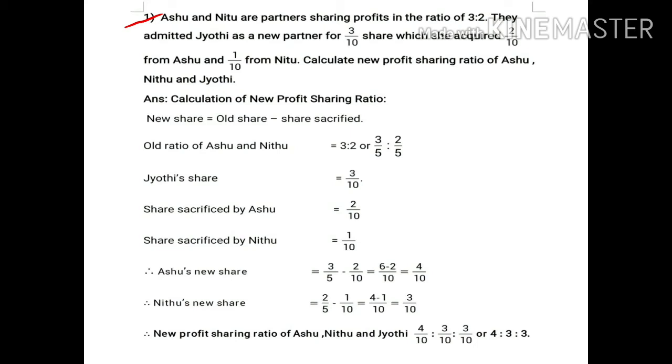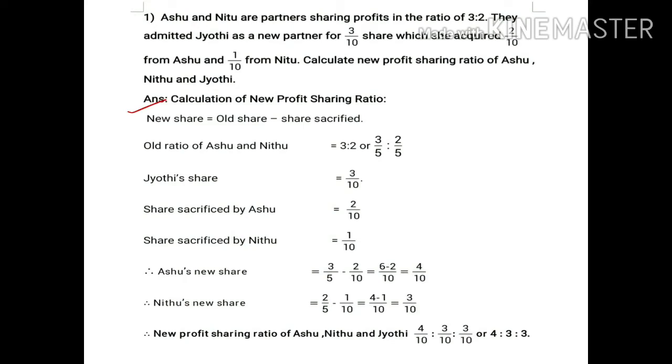These are the information: 3:2, and Jyoti's share 3/10, and 2/10 share sacrificed by Ashu and 1/10 share sacrificed by Neetu. This information is required in this problem to calculate the new profit sharing ratio.